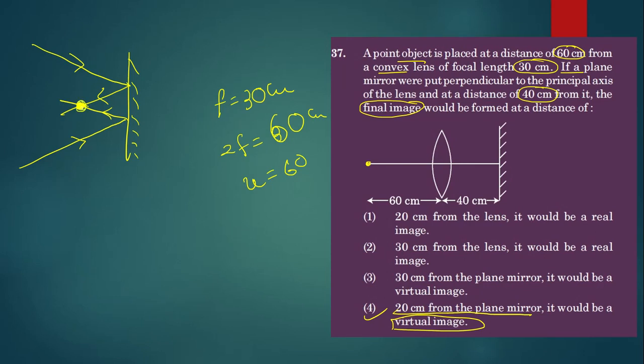Whether this image will be final or not will be decided by whether these rays of light suffer refraction or reflection further or not. In this case, this is not the final image. But if these rays of light go on without any reflection or refraction further, then this will be the final image. So yes, it is also possible to form a real image with the help of a plane mirror under this condition. Let's move on.